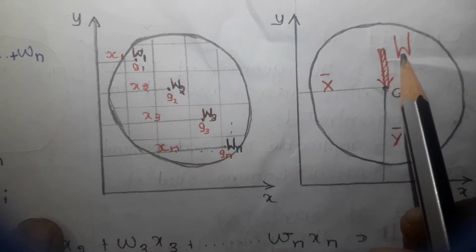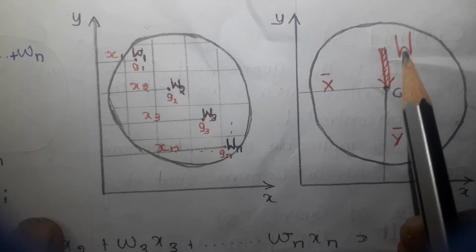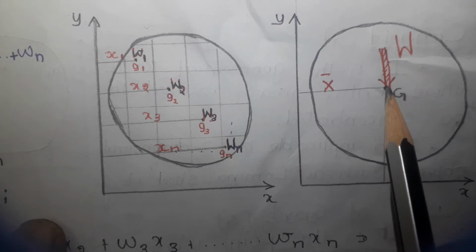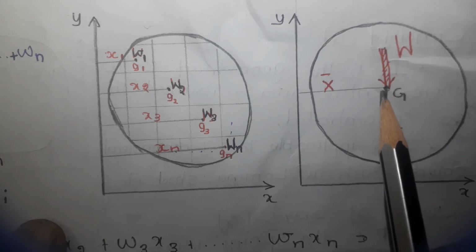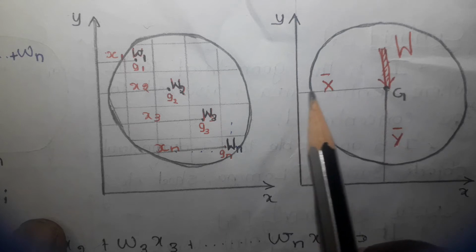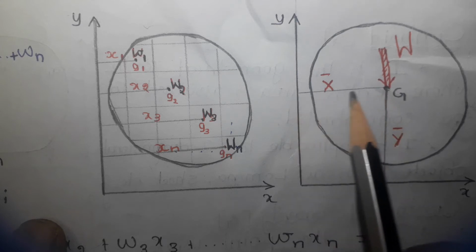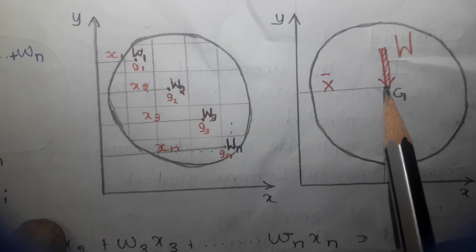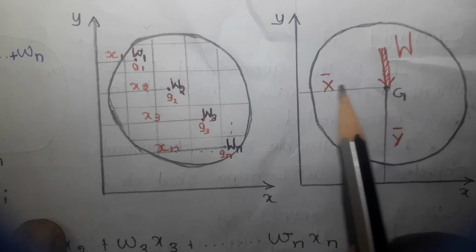So here R is the resultant. Then the weight W is passing through the center of gravity, and x bar is the distance between the y axis and the center of gravity. Now if you look closely, this is the perpendicular distance.